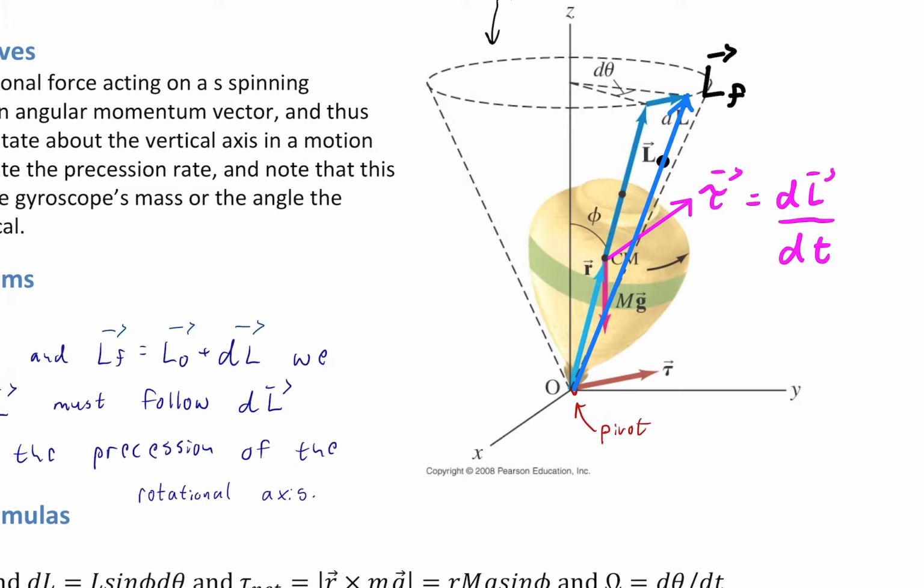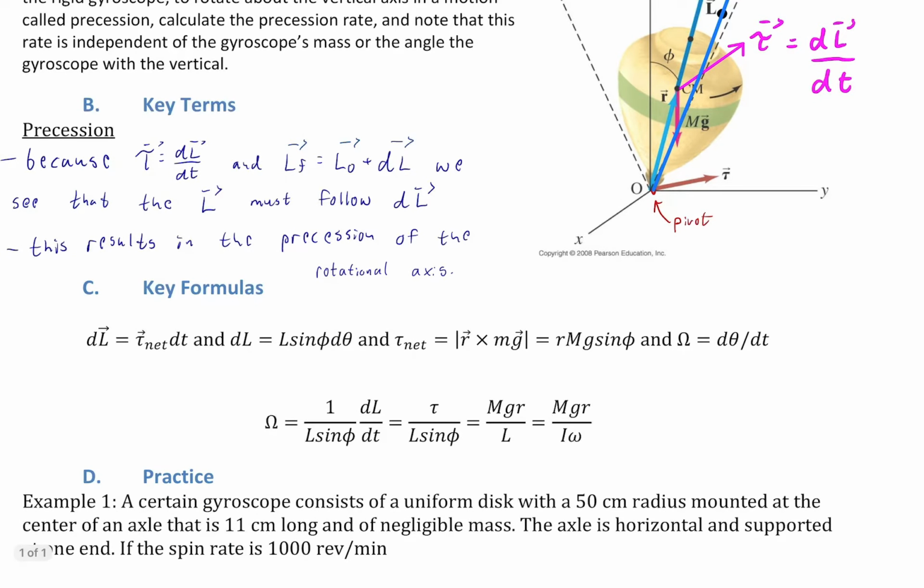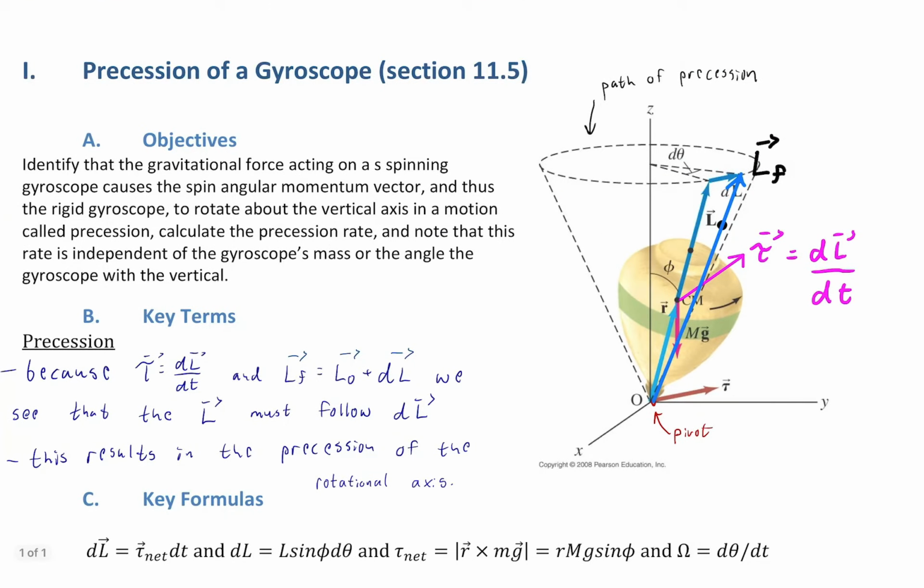All right, but that would require the top to be perfectly upright, which doesn't actually happen. There's always some deviation from being perfectly upright. So every spinning top precesses. It behaves in a gyroscopic manner. Let's look at then how we can quantify the precession rate, because it turns out that we can actually get this path of precession and find out exactly how fast it's turning.